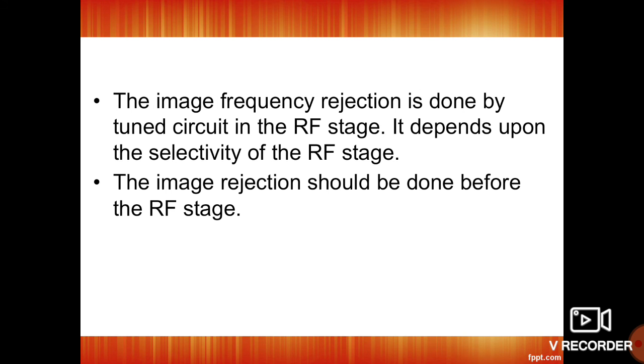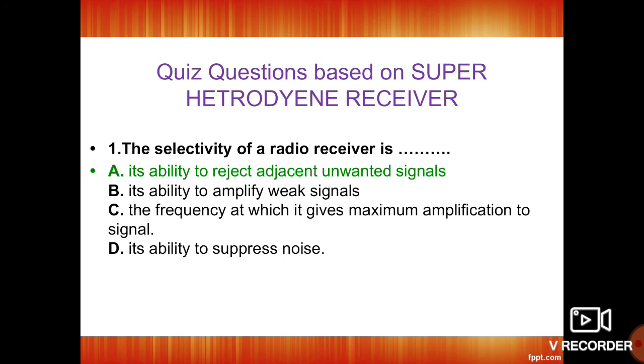The image frequency is there in the superheterodyne receiver, where the same frequency is produced in the noise range. The receiver will consider that frequency as the original frequency, so that frequency should be rejected.